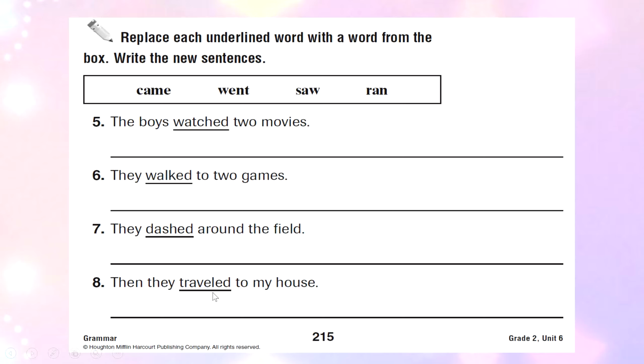All of these verbs are regular and we gotta change them with irregular verbs. Okay? Now, number 5. The boys watched 2 movies. Which verb of these has the meaning of watched? Is it came, went, saw, or ran?